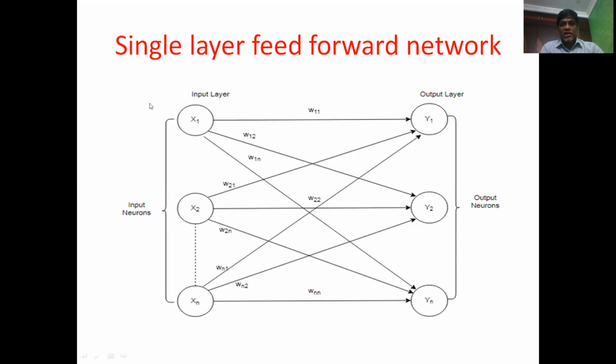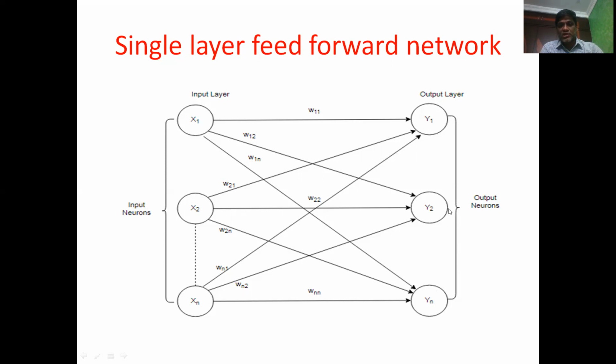The first category is single layer feed forward neural network, in which there will be only one input layer and one output layer. See, this is input layer where x1, x2, so on, xn are the neurons, and the output layer contains y1, y2, so on, yn.